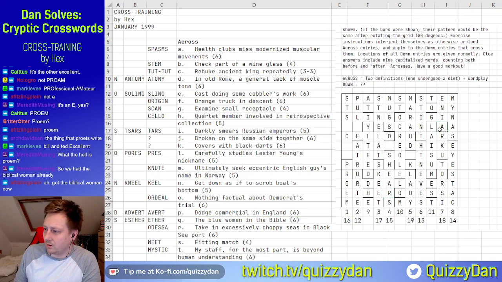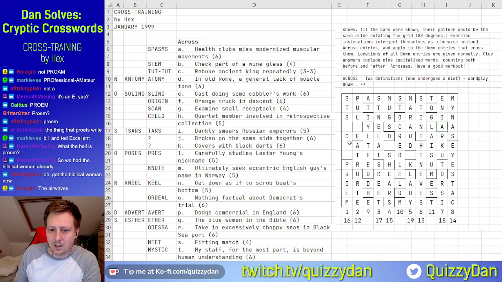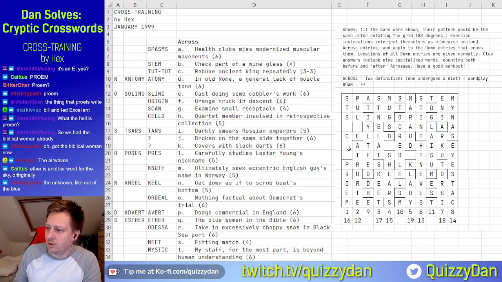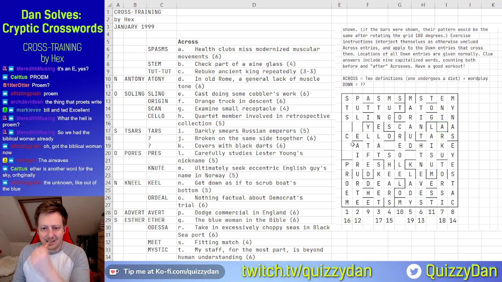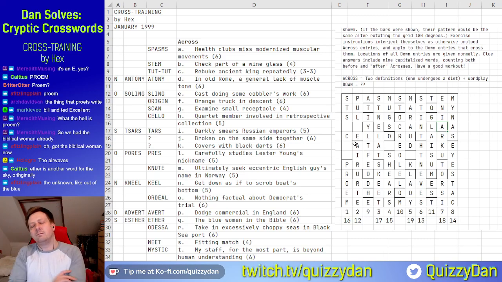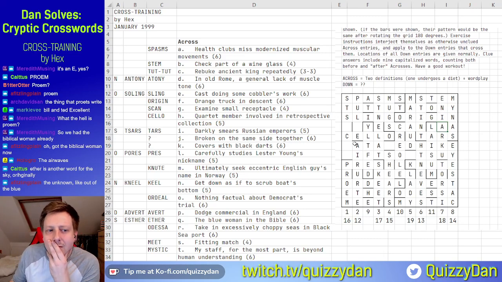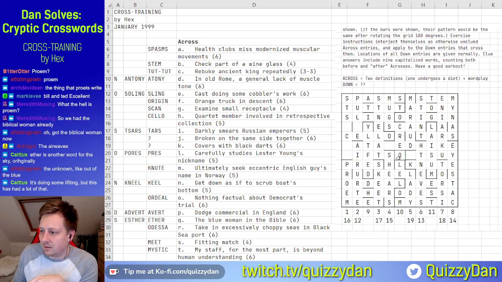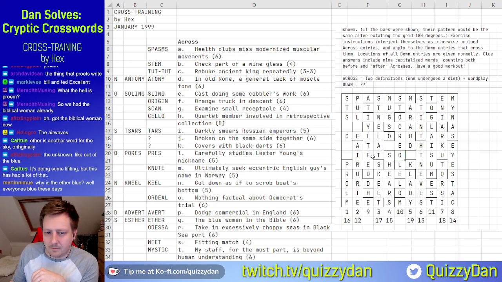So we've got tars. The next one is broken on the same side together. Okay, if it's, yeah. Not a huge fan of it. And covers with black darts. Which is going to be somewhere in here.